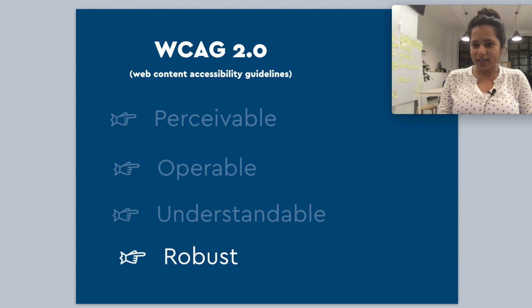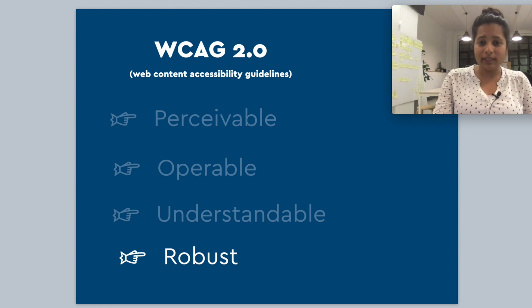What happens is the code which you write will be processed by third-party technologies like screen readers and also web browsers. So make sure you write robust code so that it will be easier for these technologies to process your code and it won't break. So writing clean code is key for this, I would say.